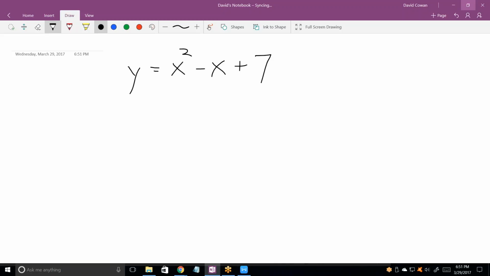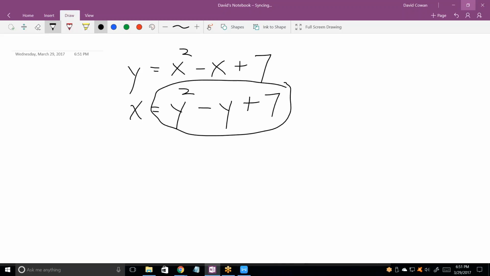It's the inverse of that. How do you solve that for y? It's difficult, right? Really difficult. In other words, I've got a quadratic here.